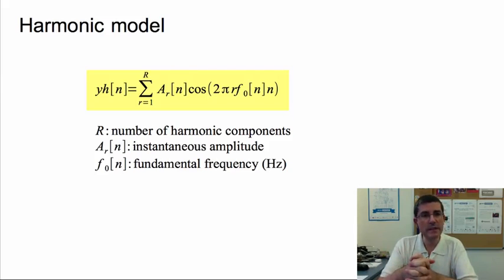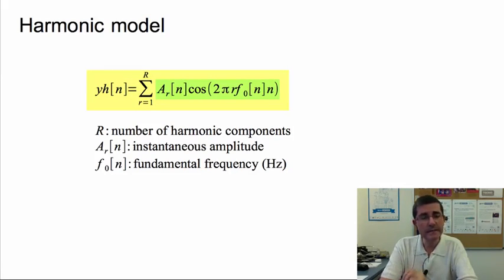So if we look at the equation, the output signal, y sub H, where we emphasize the idea that it's a harmonic signal with the H, is a sum of cosine functions, with a time varying amplitude and time varying frequency.